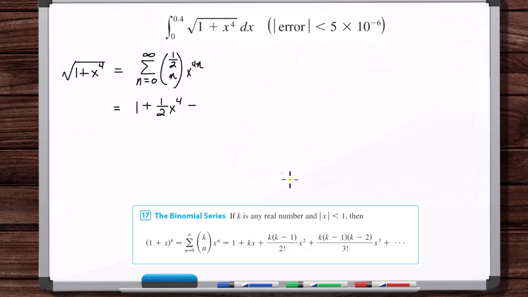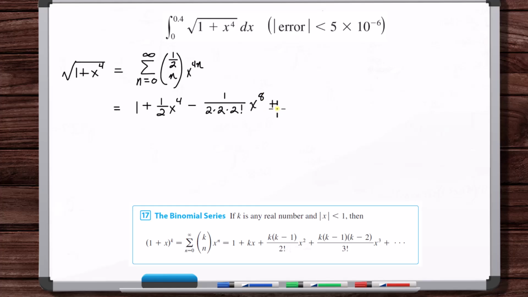And then we should have minus here because we have 1/2 times 1/2 minus 1. That's going to be 2 times 2 times 2 factorial, and then a 1 up top. And n is equal to 2 here, so that's x to the 8th.